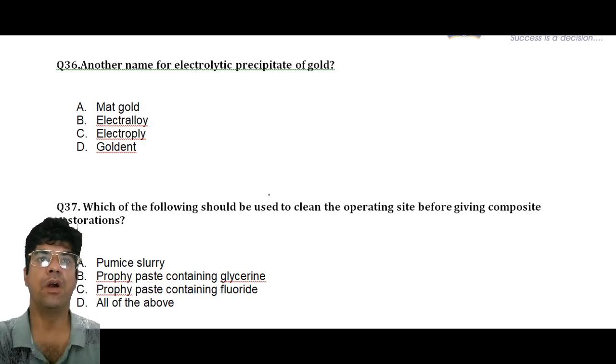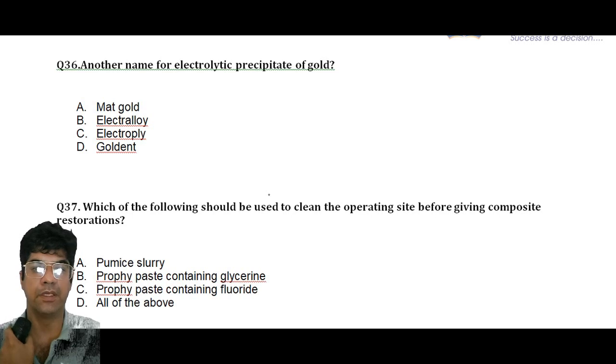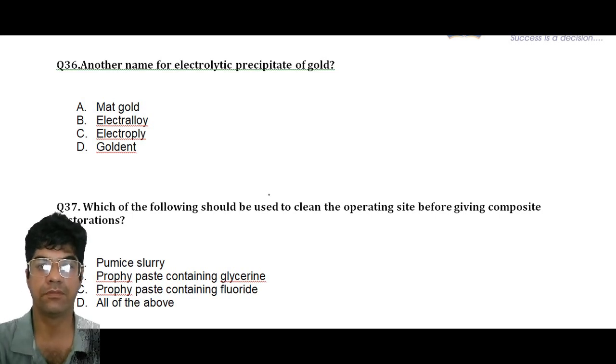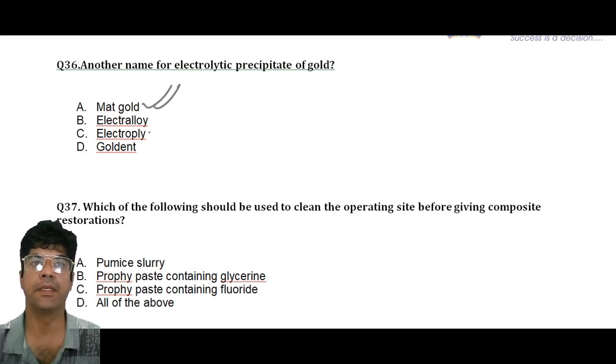Another name of electroprecipitated gold is matte gold. So remember, matte gold is an electrolytic precipitate.